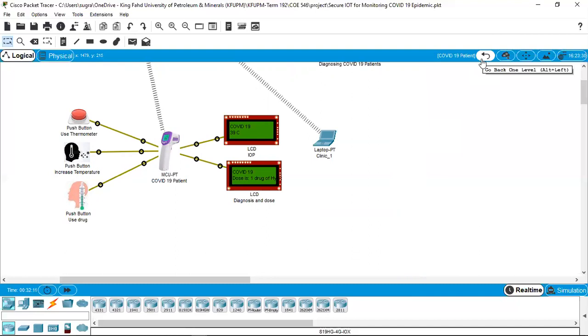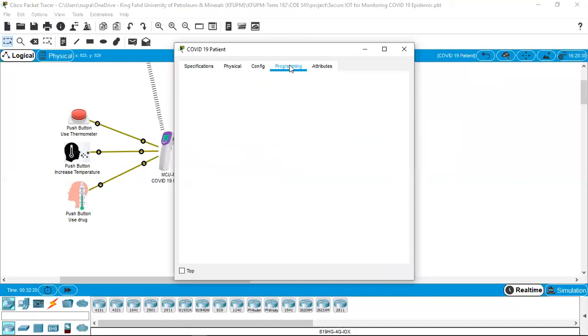Now let's move to the encryption and decryption itself. For instance, this is the programming side which we did.